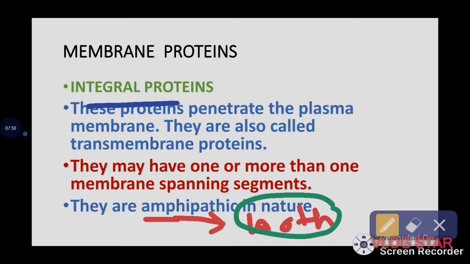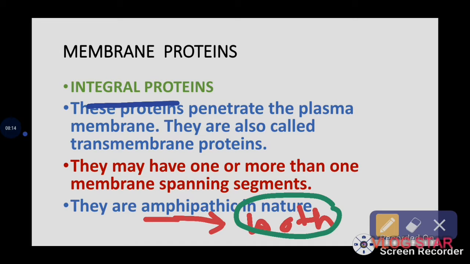The portion that is inside the cell membrane is actually hydrophobic, because the interior of the lipid bilayer is hydrophobic in nature. So it is thermodynamically more suitable. And there are several integral proteins present.